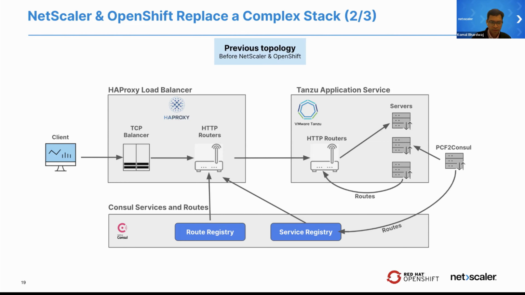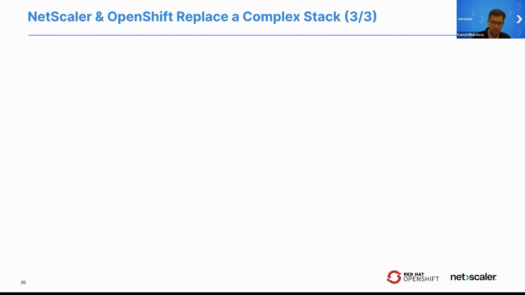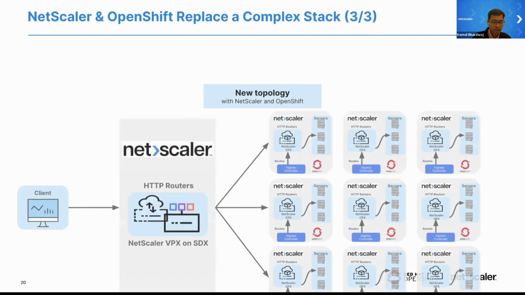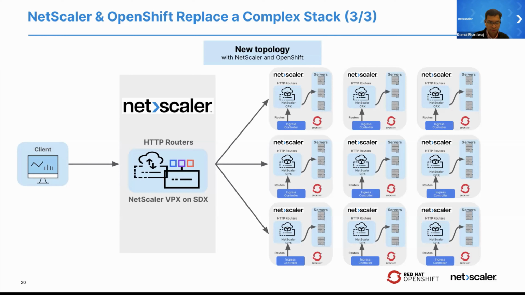Now the customer has standardized on NetScaler and OpenShift, and they're using one NetScaler, which is NetScaler VPX on hardware, for managing the incoming traffic and leveraging the heavy duty SSL performance of the NetScaler SDX. Then that traffic gets routed to several OpenShift clusters.